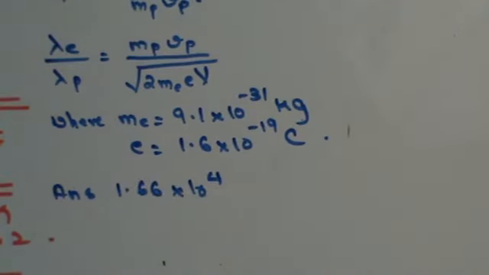Next, take down next one please. A proton and an alpha particle are accelerated through the same potential difference.